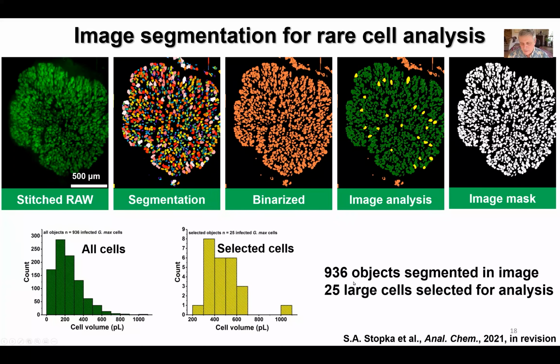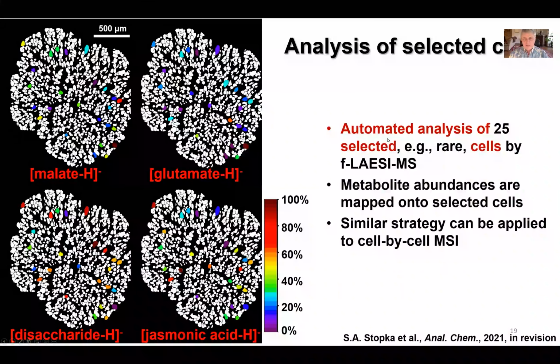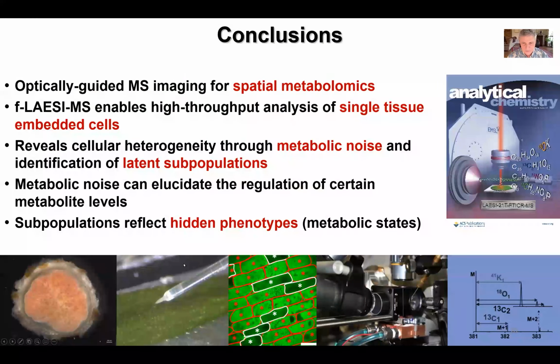We selected 25 cells that were on the larger side, and we were curious if we were able to selectively target those cells and analyze their composition. Indeed, that's what we did. As you can see here, automated analysis was performed of 25 selected cells, and we were able to map the metabolite intensities for these different metabolites back onto the image.